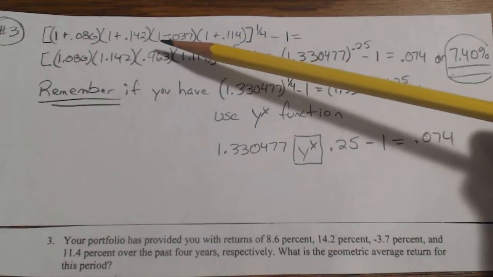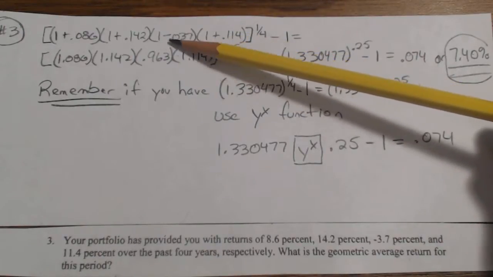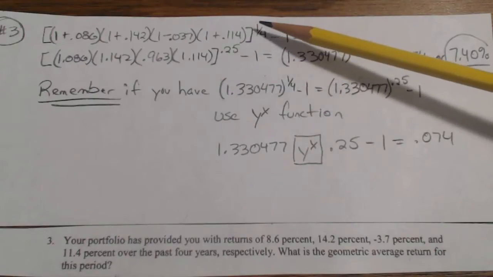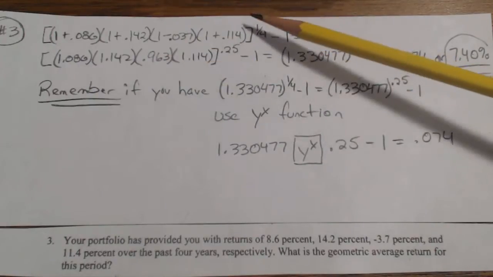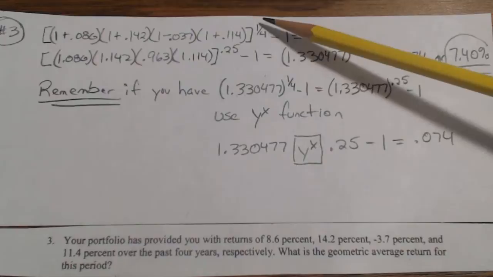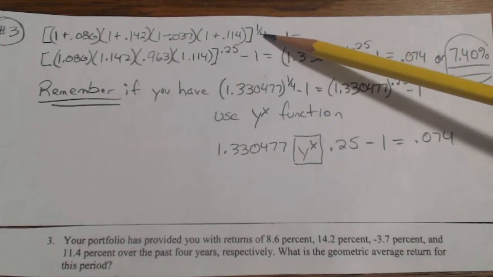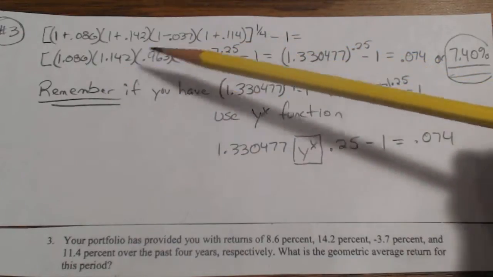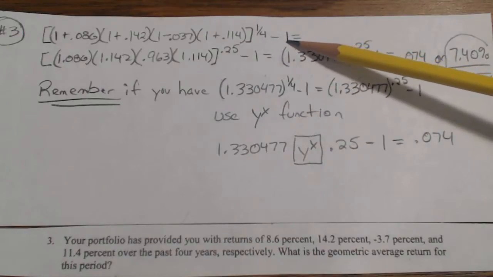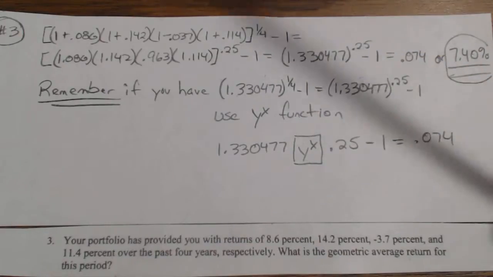Remember, when you got a negative number, that actually makes this number less than 1. And you compound it by the exponent 1 over t, which in this case is 1 over 4. Remember, t is the number of periods, and you've got 4 periods here. And then you subtract 1, and that'll give you the percentage.